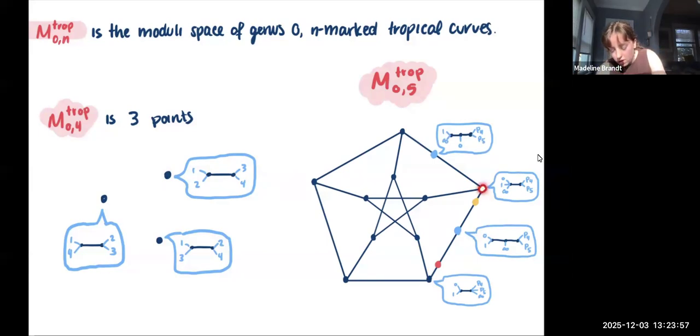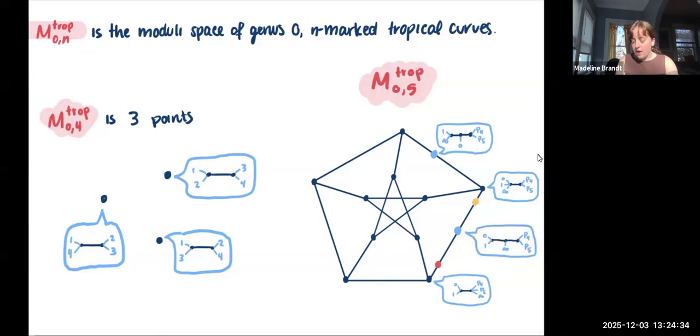The vertices correspond to the trees where you only have 1 internal edge, with 3 of the leaves on one side and 2 of the leaves on the other side. I've suggestively named the leaves 0, 1, infinity, P4, and P5. Those are the vertices. The edges come when you start to drift one of the leaves across the internal edge. Here the leaf called infinity is sitting in the middle.